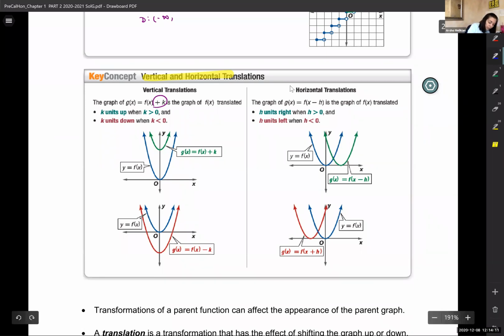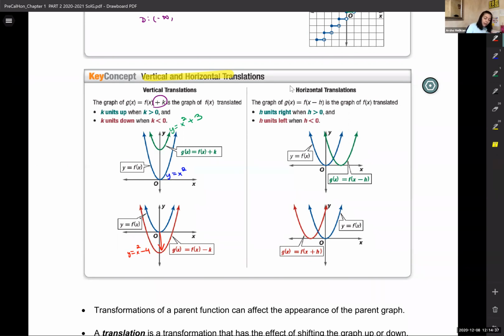So if this one is y equals x squared, then this is y equals x squared plus 3. Similarly, if I have y equals x squared minus 4, then the graph moves down 4 units.